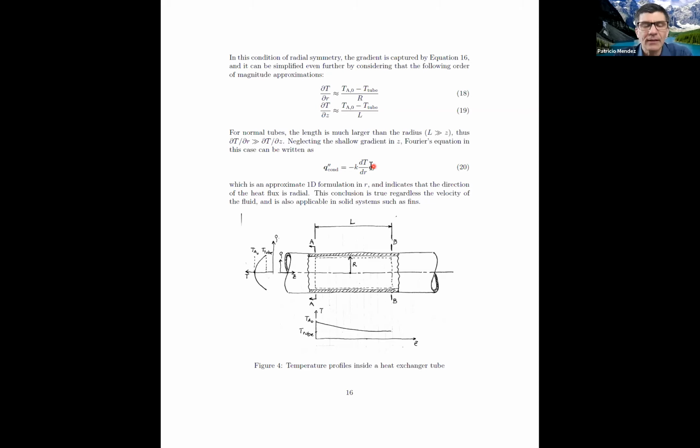This reasoning I just did would apply not only to heat exchangers, it would apply to fins, in which we have no fluid moving in, a fin is solid, and to cables, right? So all that matters here is that the geometry is such that something is long and something is small. In this case, diameter is small, length is large. If we have a fin, we can say the thickness of the fin is small and the length of the fin is large.